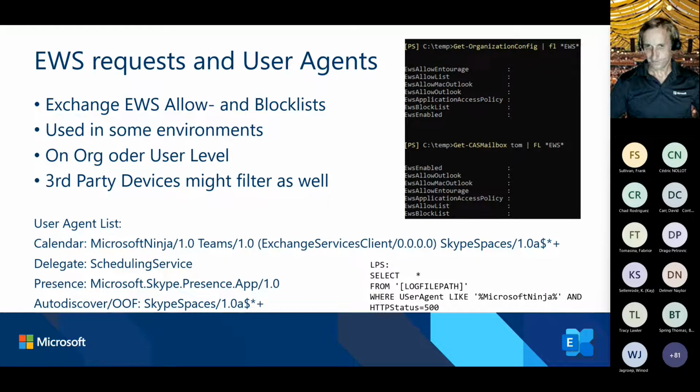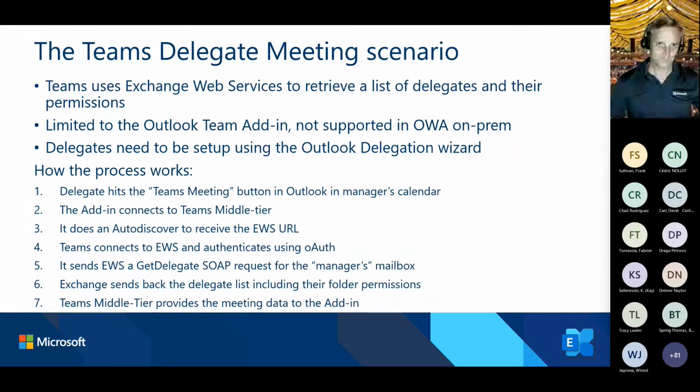You can filter by the user agent and then HTTP status 500. And you can also modify this and check for OAuth issues using HTTP status 401 in that case. And this, of course, applies also to all the user scenarios, including the Teams delegate scenario.